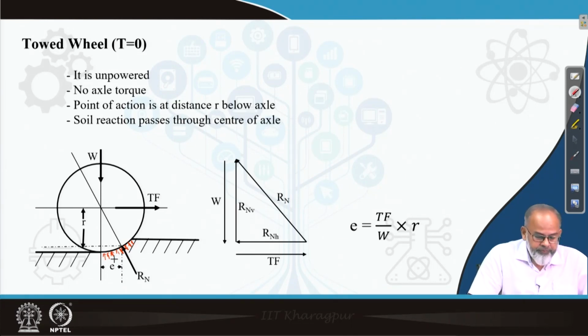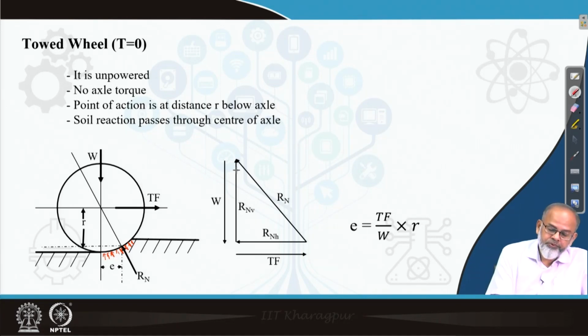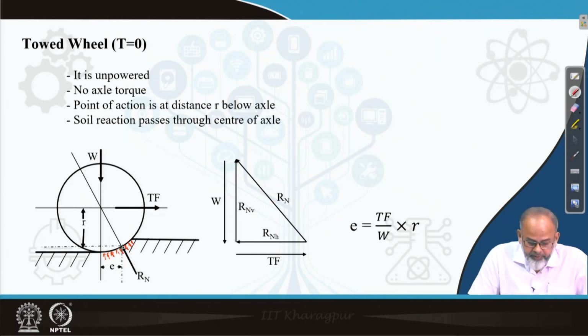So the Rn will have 2 components. One is the horizontal component, the other one is the vertical component, which I have shown in this figure. Rnh is the horizontal component and Rnv is the vertical component. And Rn is acting at a distance so that the tire is in equilibrium.